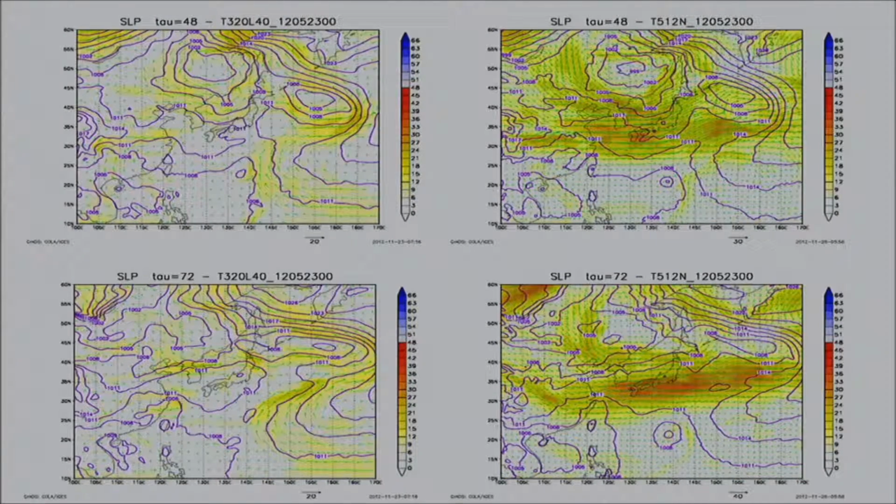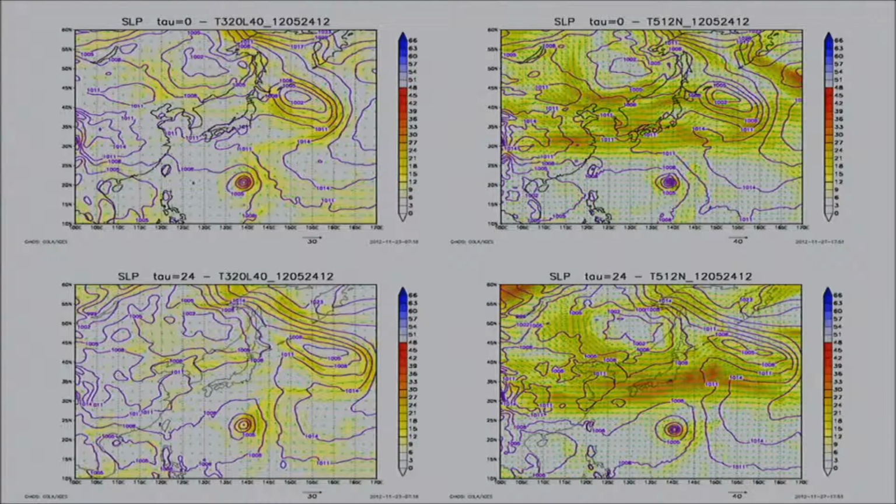After 48 hours and 72 hours, you can see this high resolution model gets a better result than the operational model. This typhoon on May 23 did not reach high intensity.